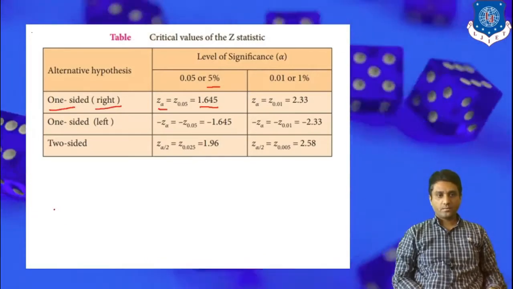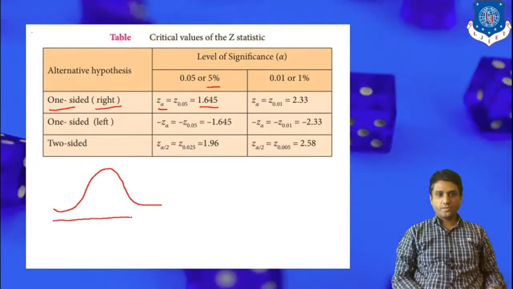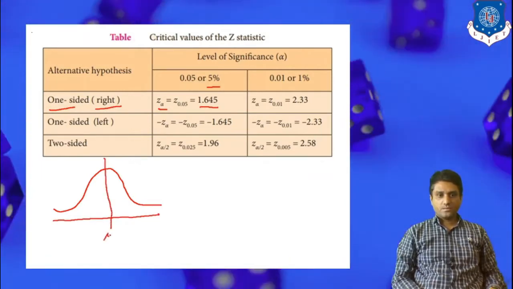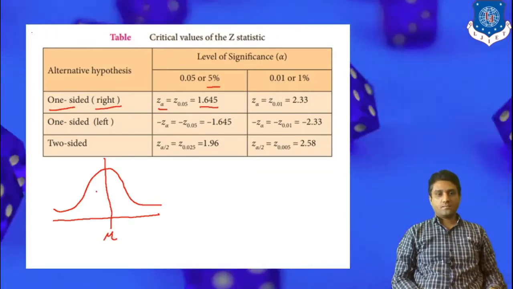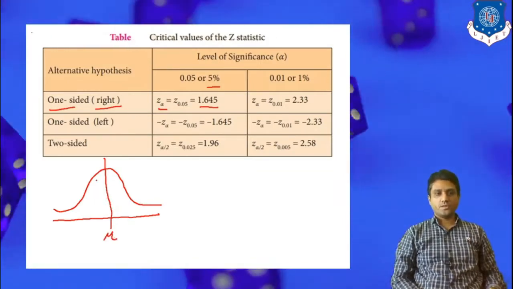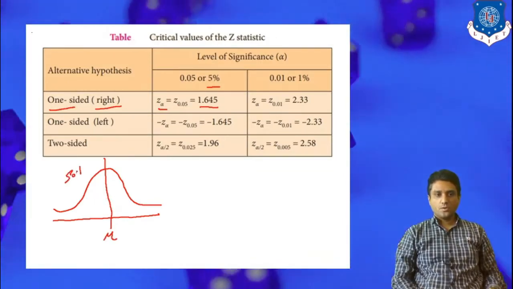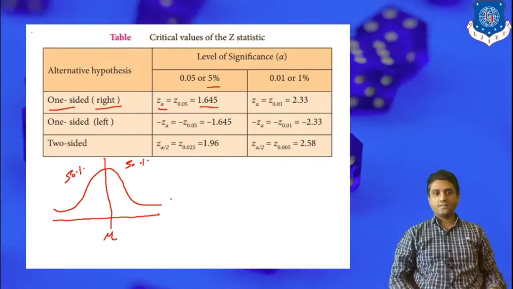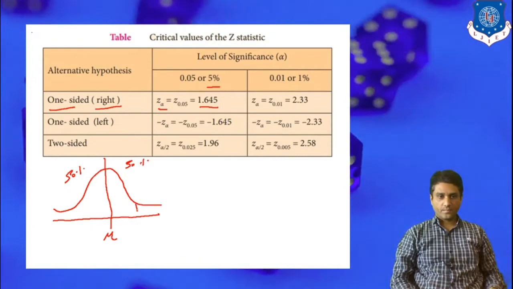So see here, this is the normal distribution. This middle line is the mean, and we know that this normal distribution is symmetric. So the left-hand side consists of 50% of the data as well as the right-hand side.